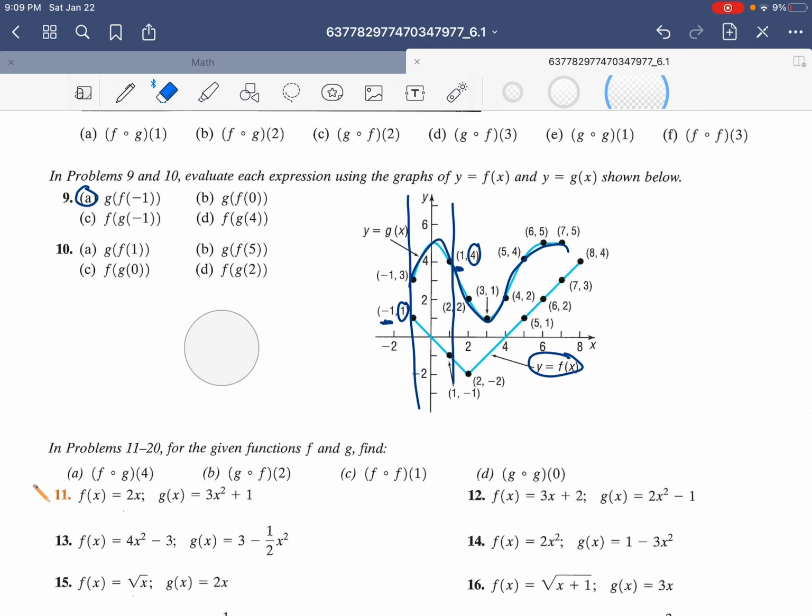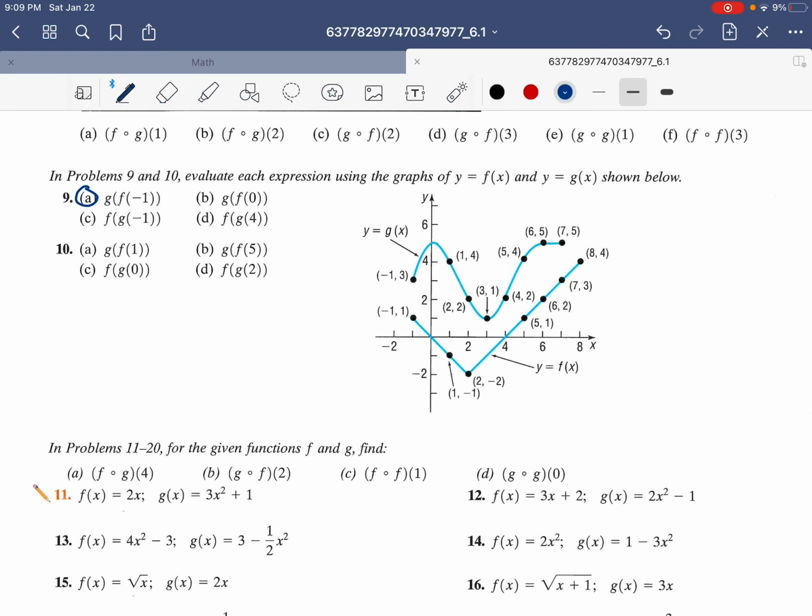So that's an example for g of f. So let's do an f of g example. Let's do d. f of g(4). This time we're going to look at our g graph.